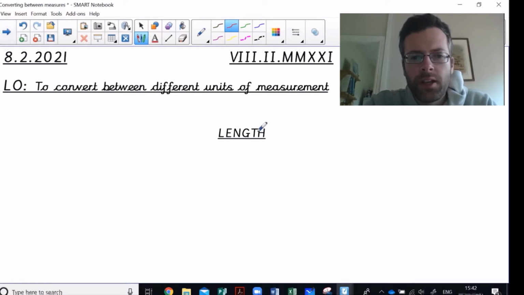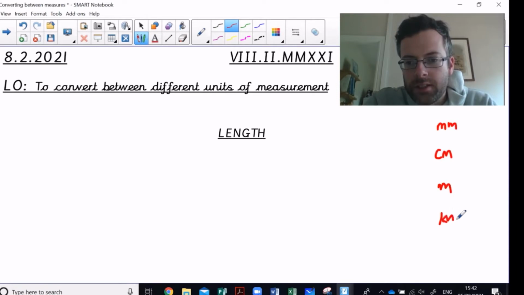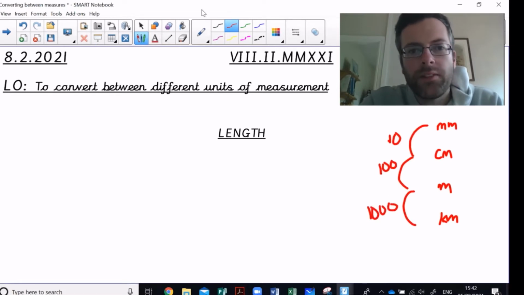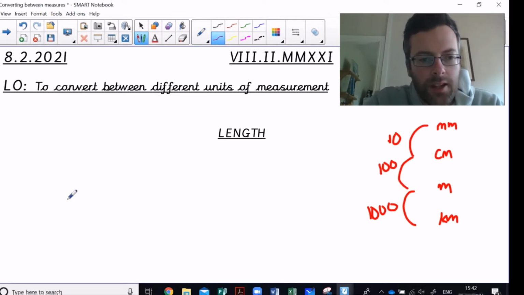There are 10 millimeters in a centimeter, there are 100 centimeters in a meter, and there are 1,000 meters in a kilometer.